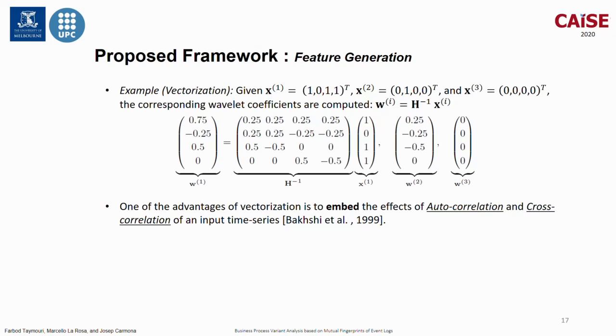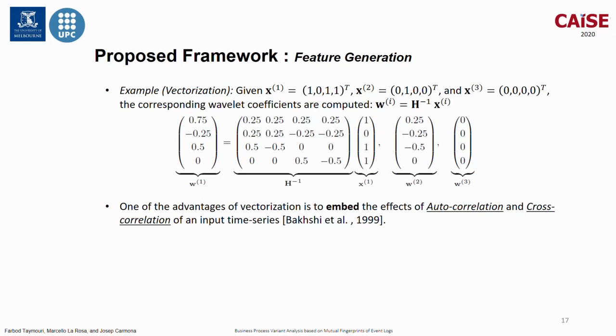In process mining, it happens when there are loops or nested loops in the process model. The latter, or cross-correlation, happens when the value of a time series is correlated with the past or future values of another time series. In process mining, it is common that firing one activity might trigger other activities in the process model. So binary time series have cross and autocorrelation with each other.